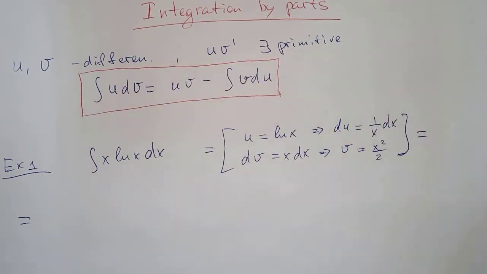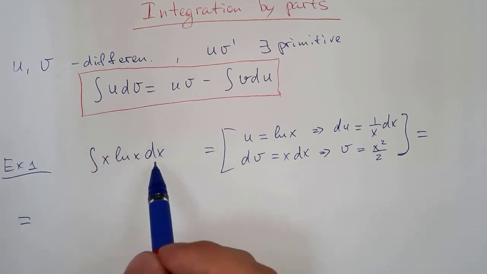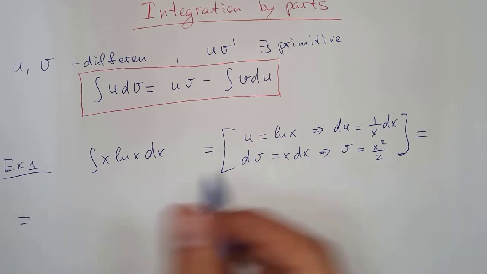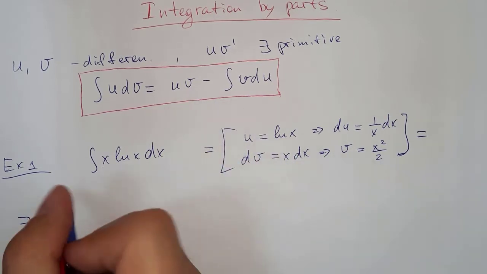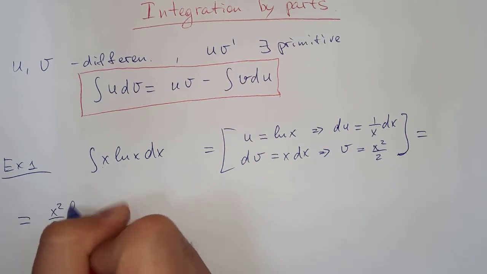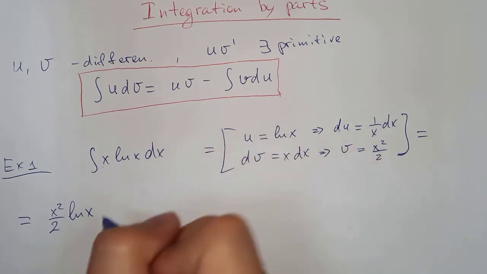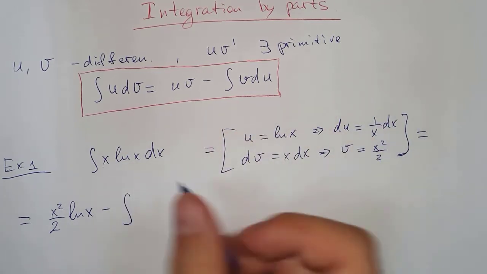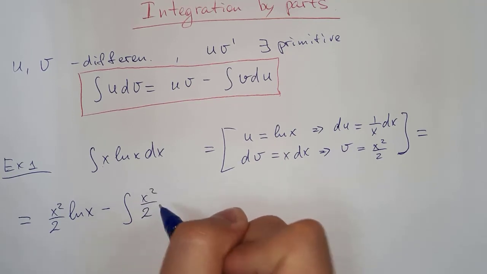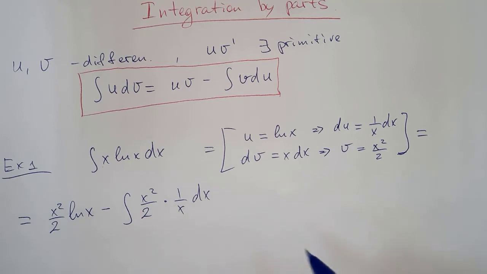So now we have this integral in the form u dv, and this is equal to uv. U is natural logarithm of x, times v, which is x squared over 2. So x squared over 2 natural logarithm of x. Now, in the middle we have minus the integral of v du. So v is again x squared over 2, du is 1 over x dx.